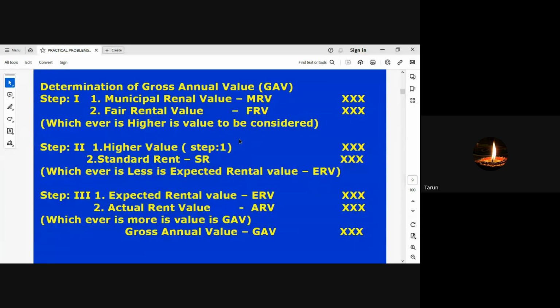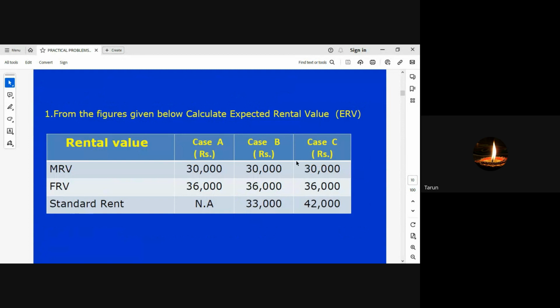Step three: expected rental value and actual rent, whichever is more is the gross annual value. So let's start the numerical questions now.